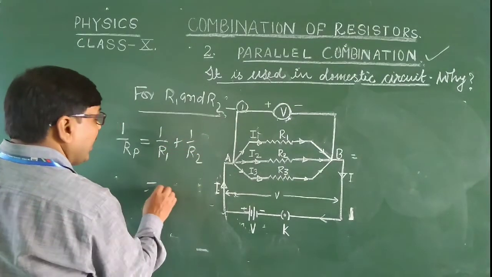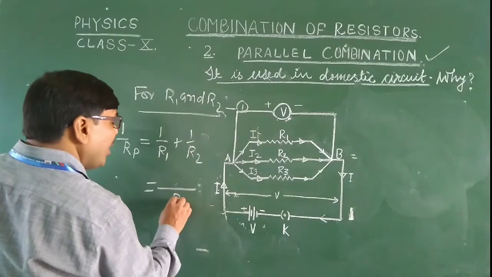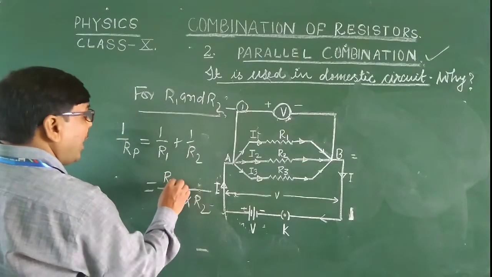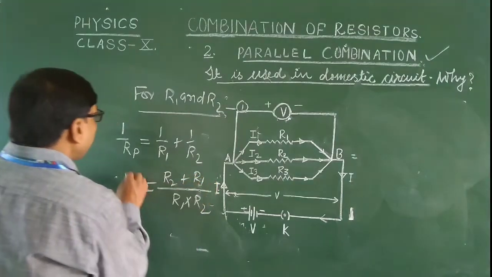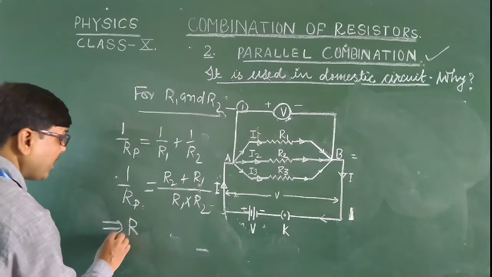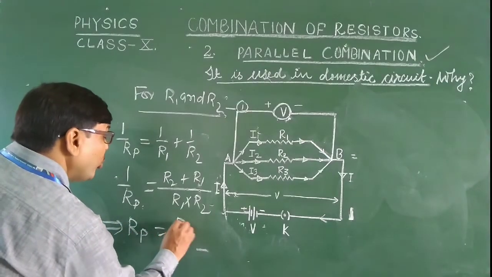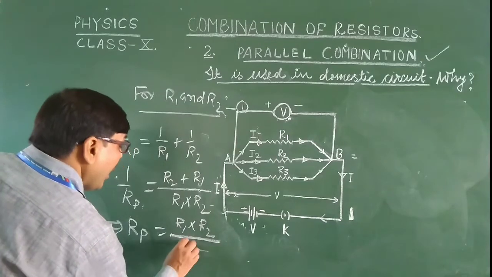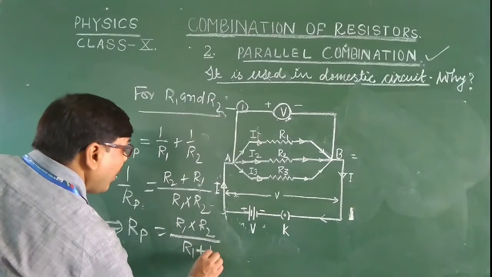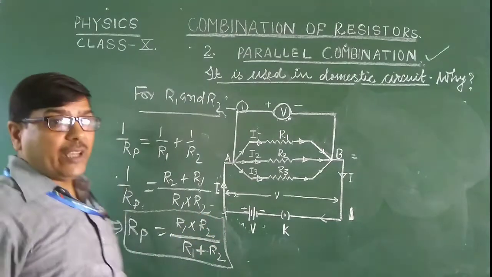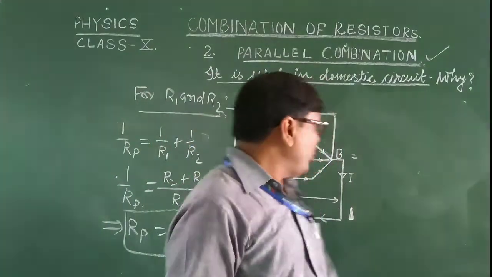Now take the LCM, R1 into R2, so we get R2 plus R1. Now once again, Rp is equal to R1 into R2 upon R1 plus R2. This is the expression for two resistors.